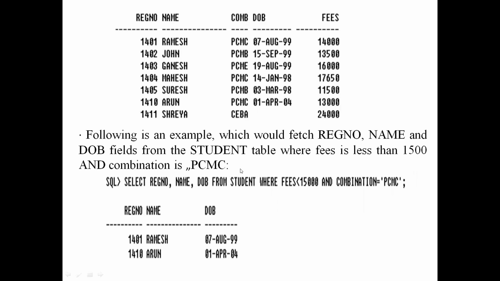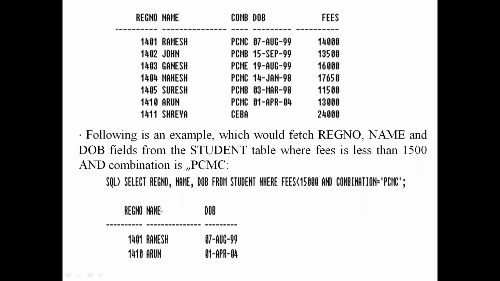See, we are putting 2 conditions here in the example. That is, we want to fetch the fields roll number, name, and date of birth from the student table where the student's fees must be less than 15,000 and their combination must be PCMC. Such students' data can be displayed with the help of this particular statement.